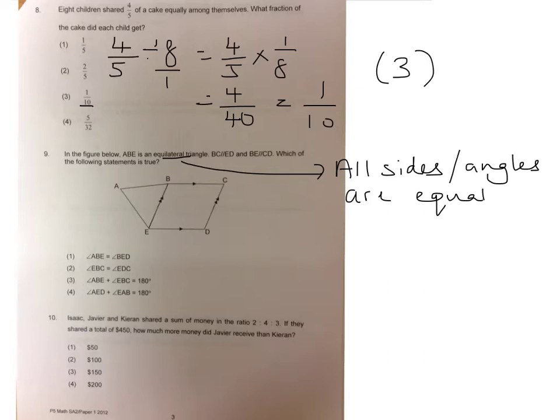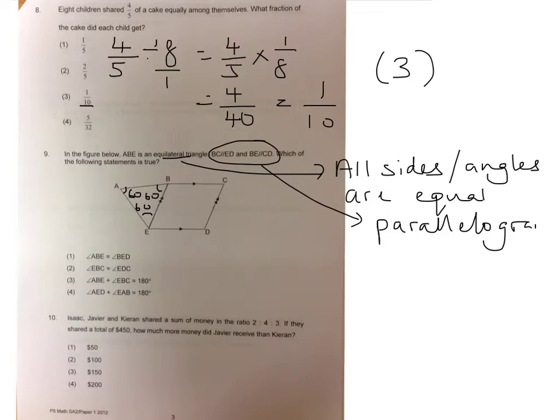So we know that here would be 60 degrees, here would also be 60, here would also be 60. BC is parallel to ED and BE is parallel to CD. So from here we know that this must be a parallelogram. Which of the following statement is true?